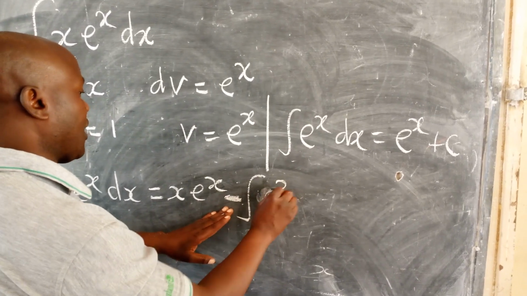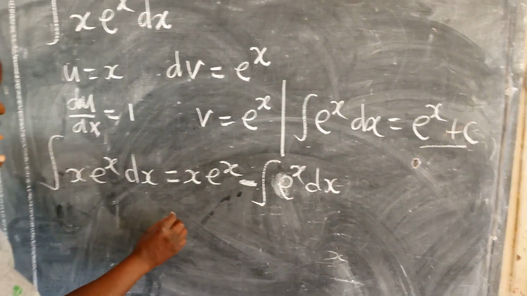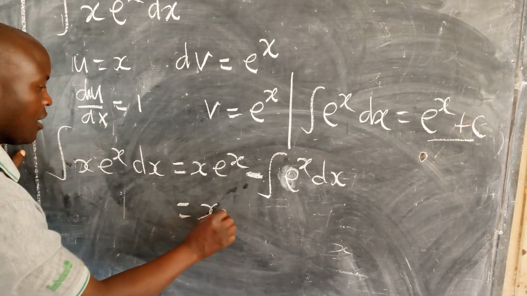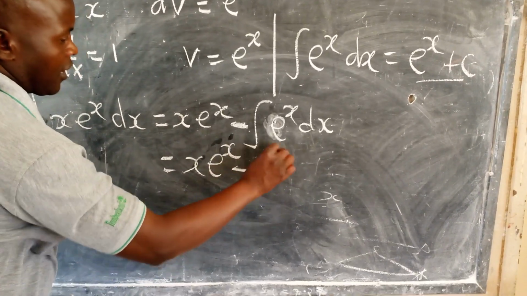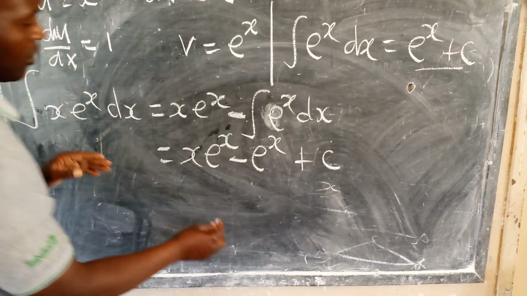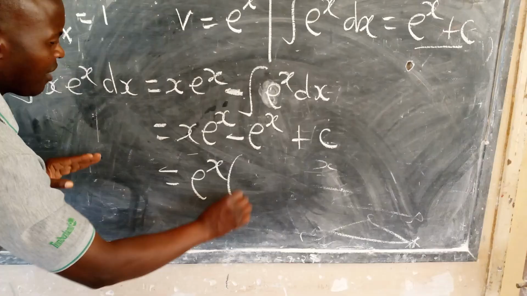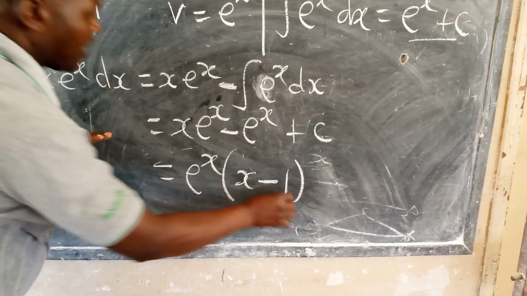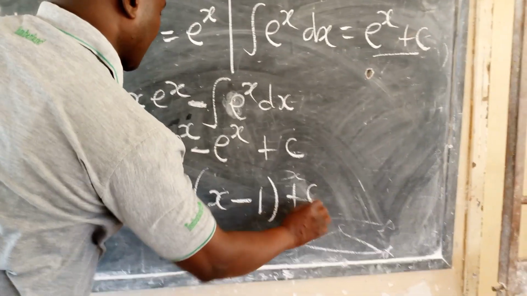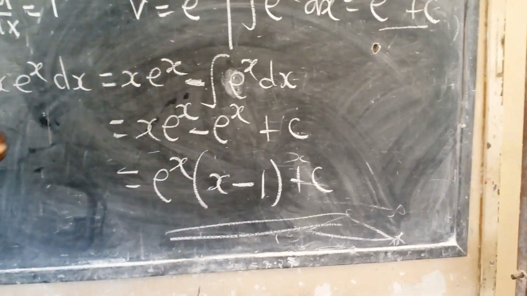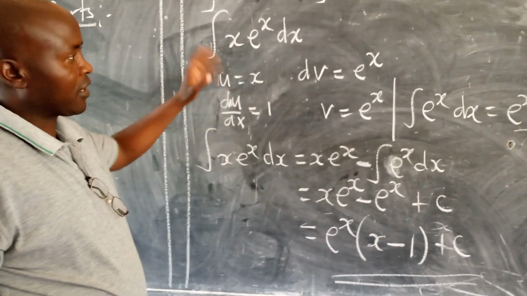My v is e^x, and du is dx. So I'm going to have an expression like x e^x minus e^x plus c. I have to take out the e^x. The e^x comes out, and I remain with x minus 1 plus c, it means we have integrated. So this is how we integrate.